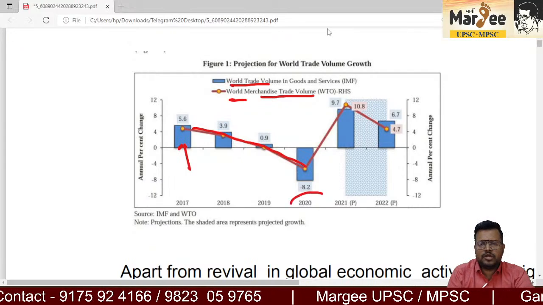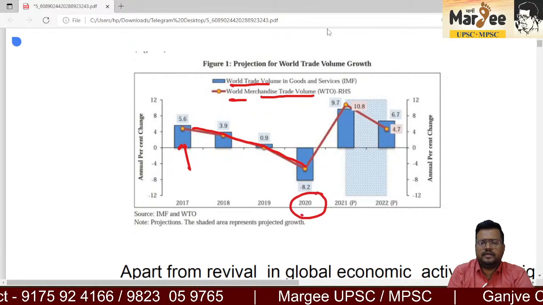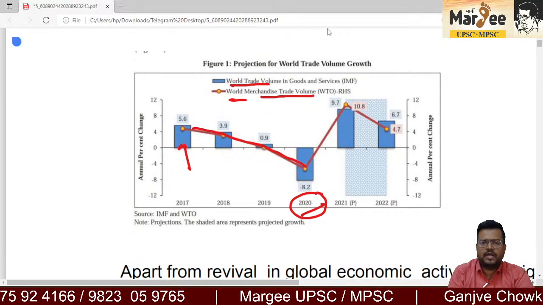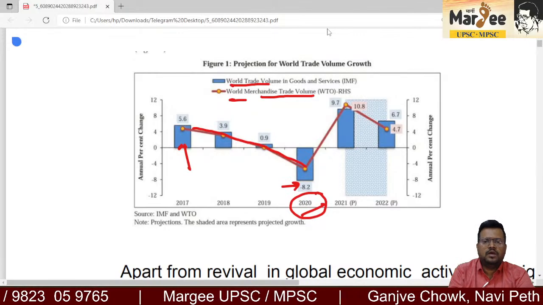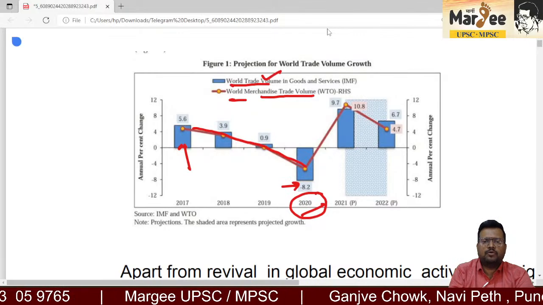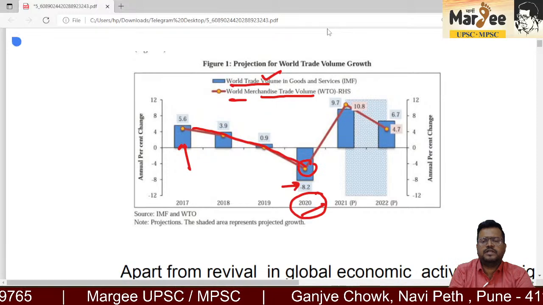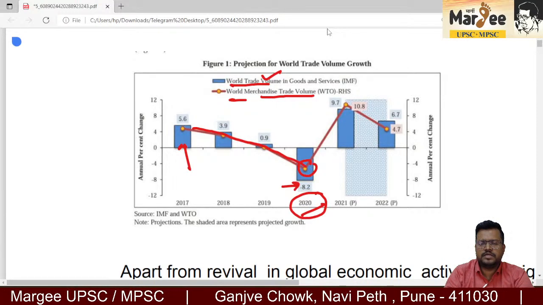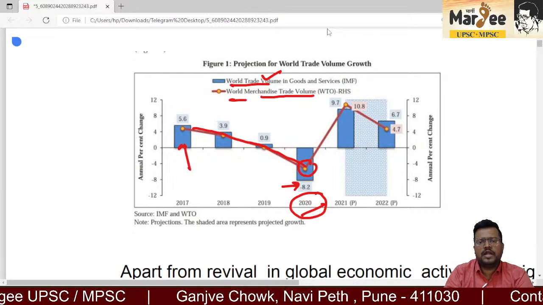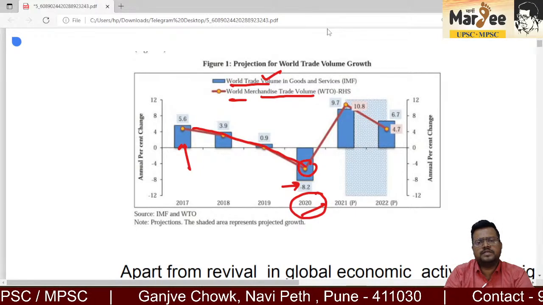See, during COVID-19, that is 2020, it was in negative. The whole world trade volume and world merchandise trade was in negative. But now you can witness there is a jump in this trade volume or merchandise trade volume.